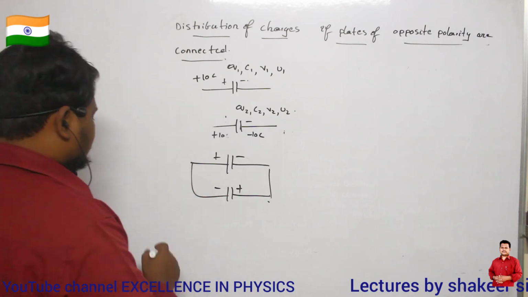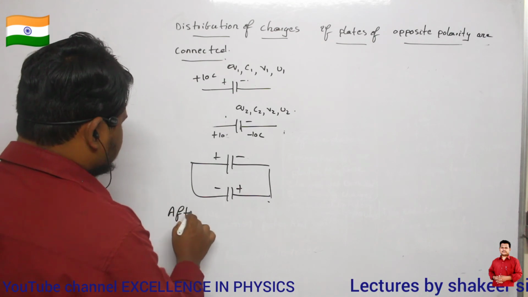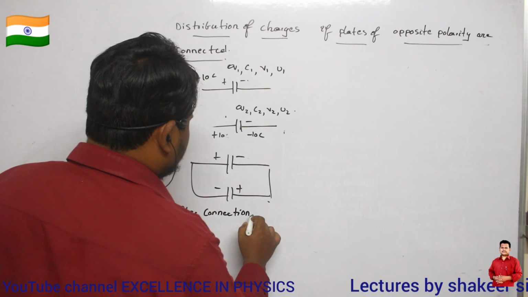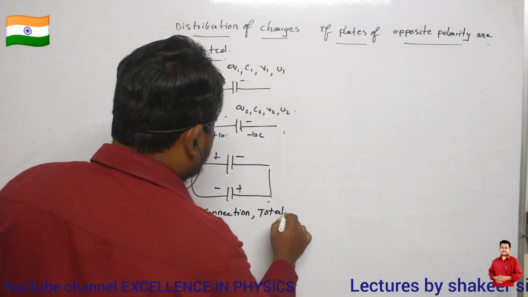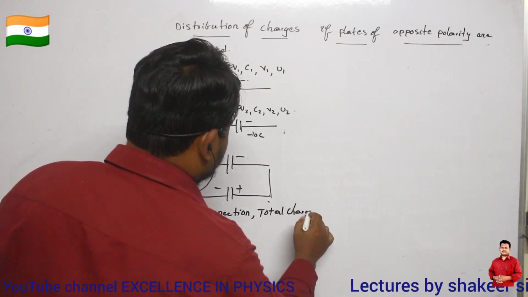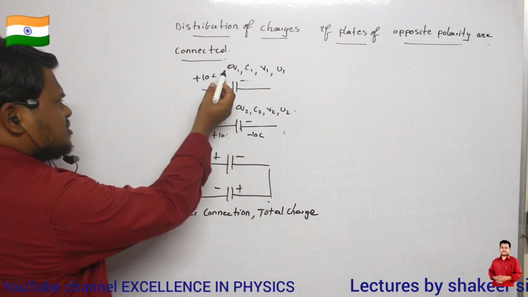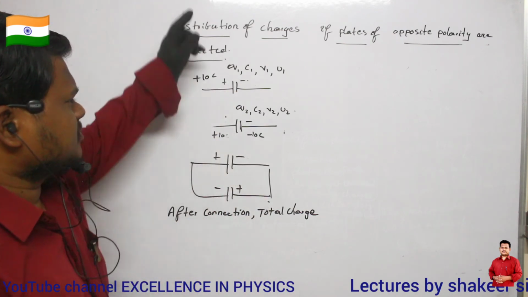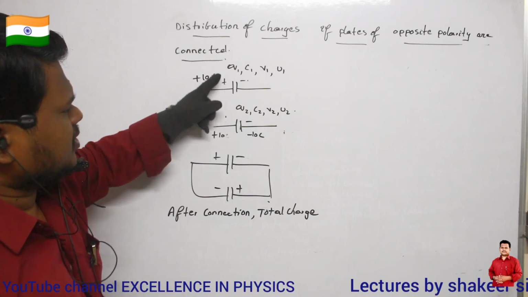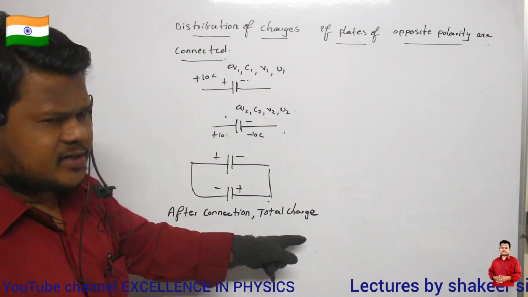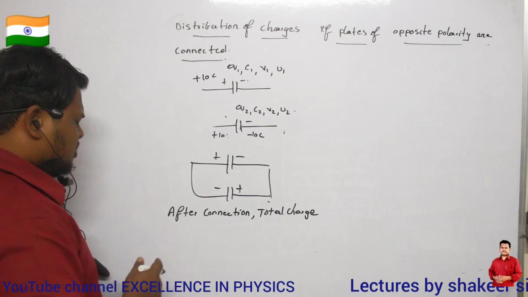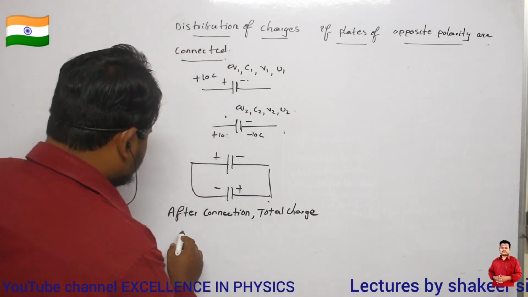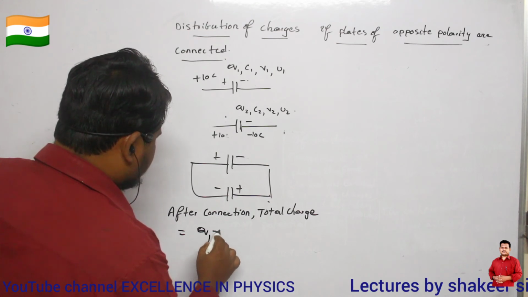Now can you say after connection, total charge will be how much? Before connection, the charges were Q1 and Q2. After connection, what will happen? After connection, total charge will be Q1 minus Q2.